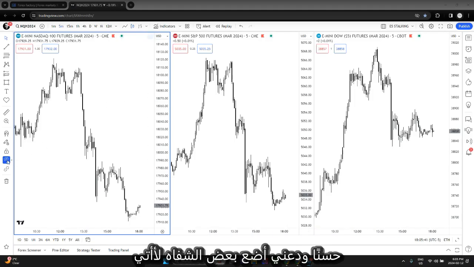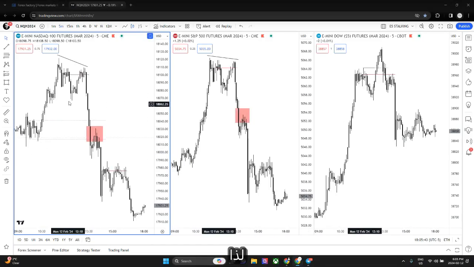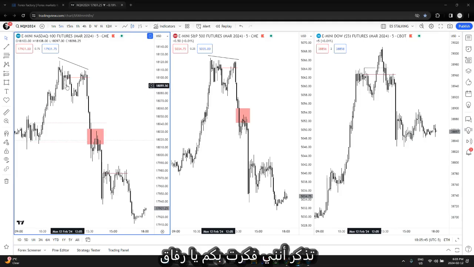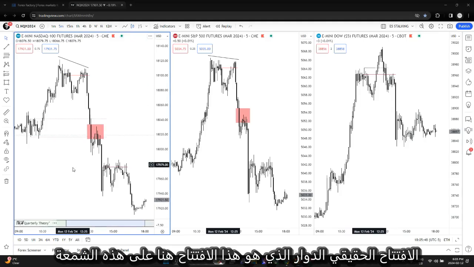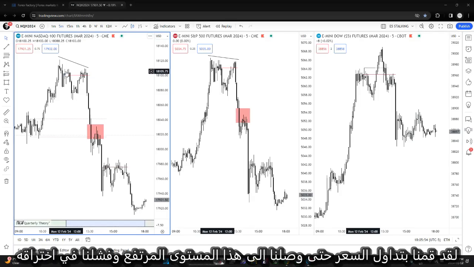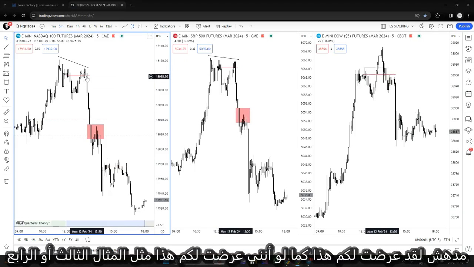And let me put some lipstick on. So remember I taught you guys about the revolving true open, which is this open right here on this candle. We had price trade up into it and failed to break above this high. Amazing.